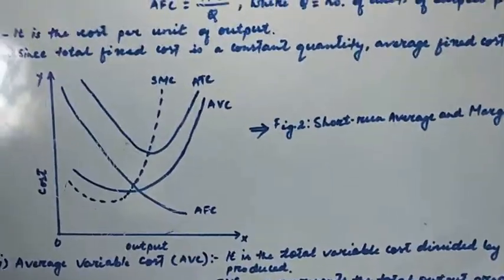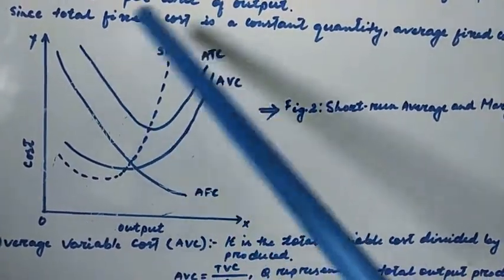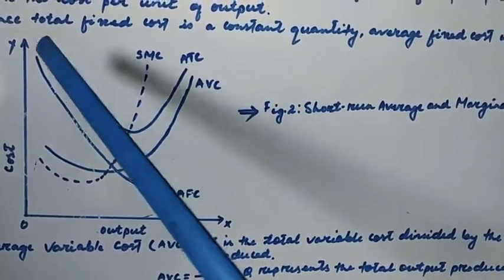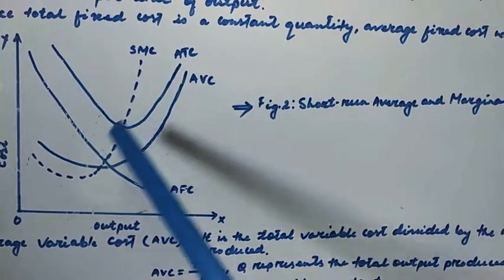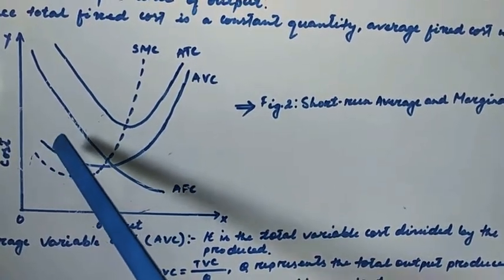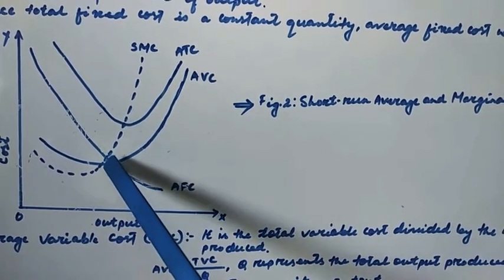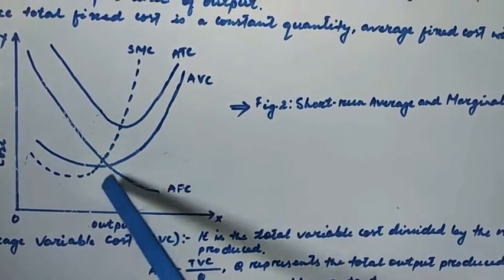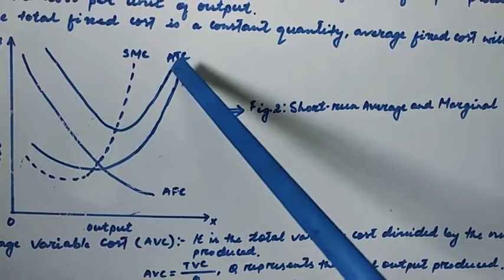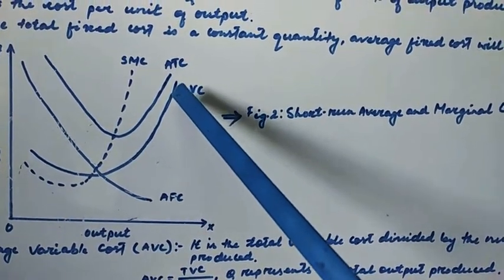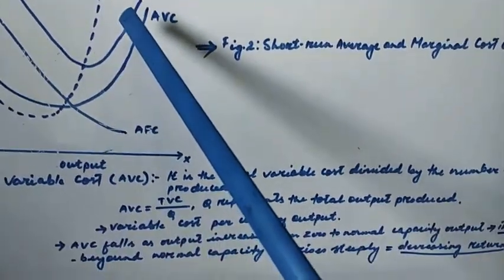As you see from the diagram, this is the average variable cost, AVC. At first you see the fall of the average variable cost. And when it reaches normal capacity output, let us say at this point, it rises steeply because of the operation of the decreasing returns.